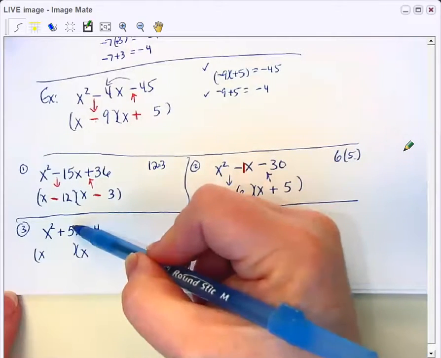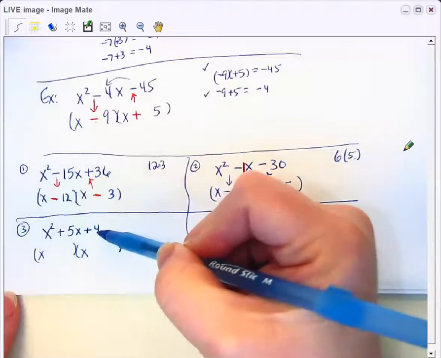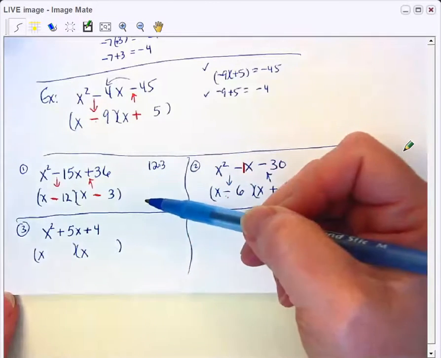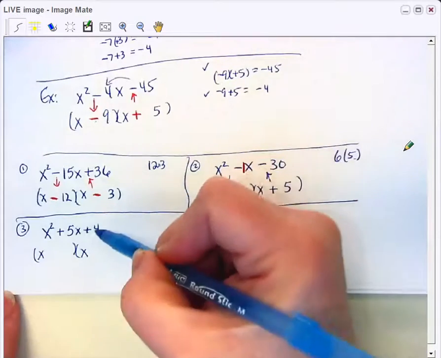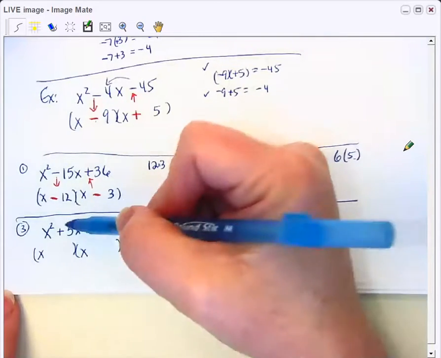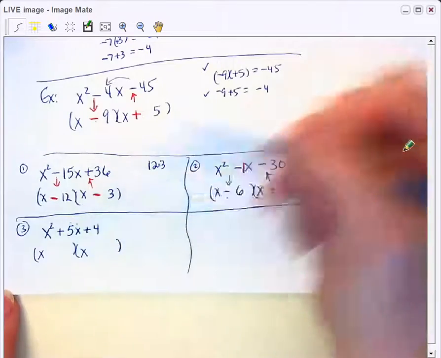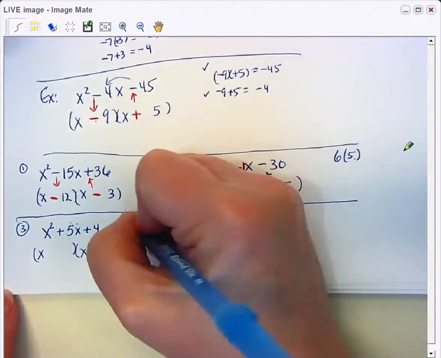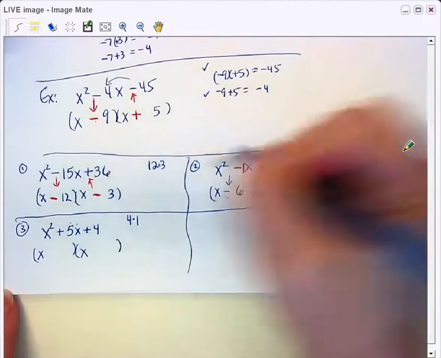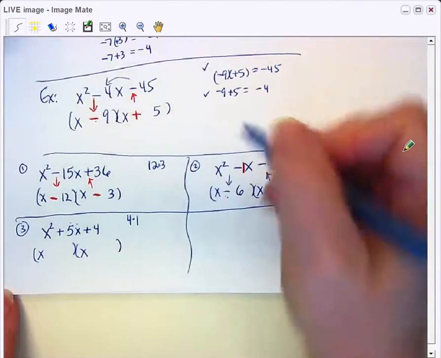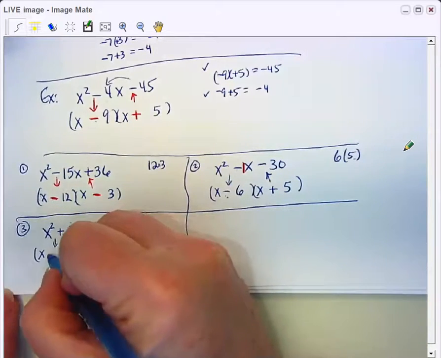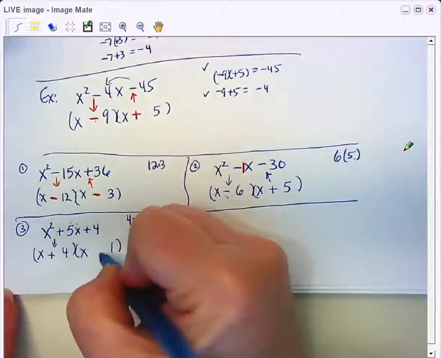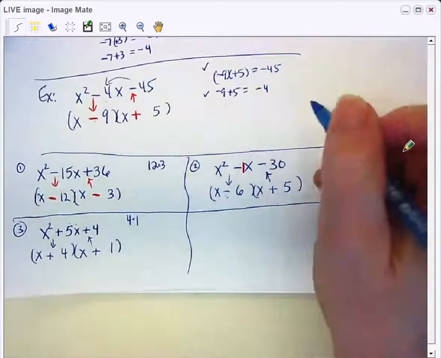When your middle number is either 1 more or 1 less than the last number, you're going to be using that number times 1. Let me say that again. If your middle number is 1 more or 1 less, then for the last number, you're going to be using that number and 1. So 4 times 1. Bring down my middle sign, and I've got a 4, a 1, plus times plus gives you plus, and you're done.